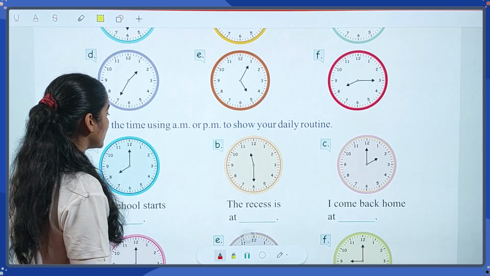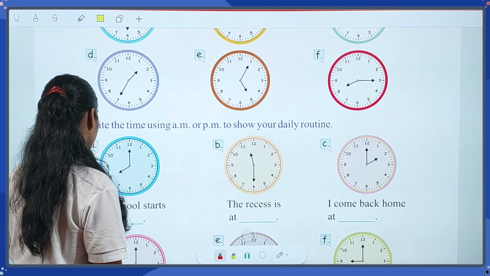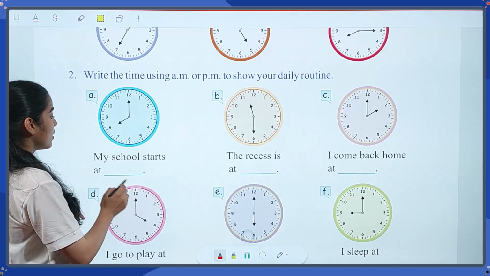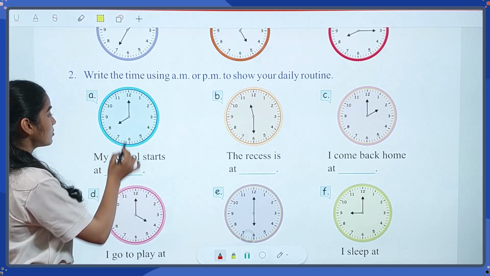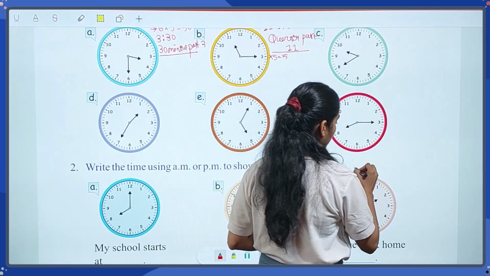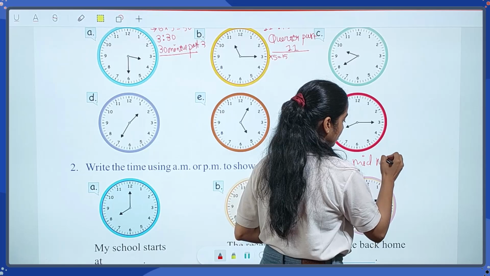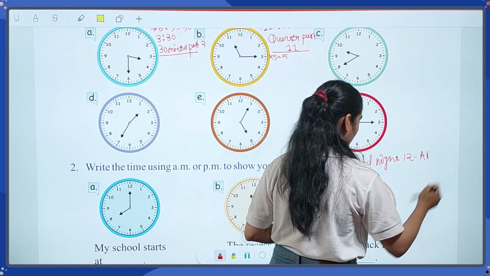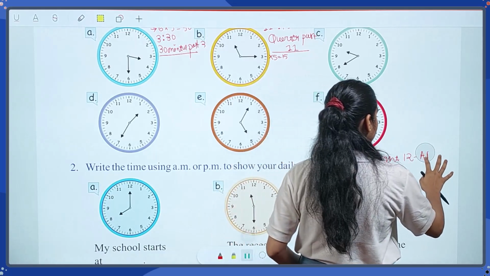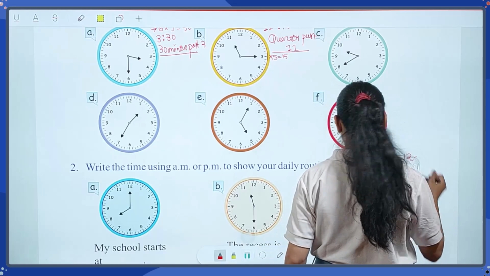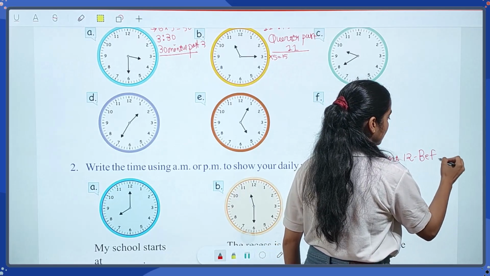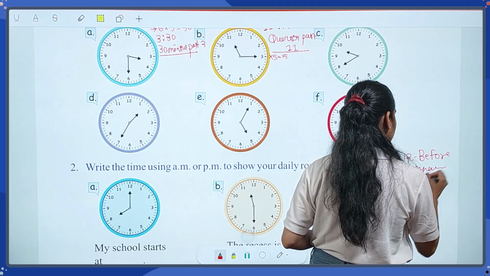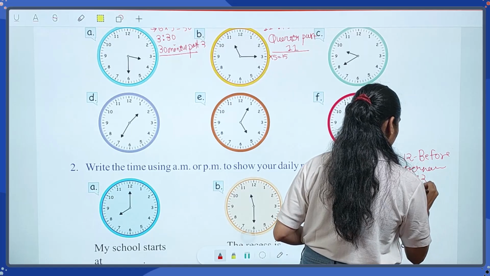Write the time using AM or PM to show your daily routine. My school starts at... you are going to your school in the morning, so you have to represent this timing. So from midnight 12 to afternoon 12, before afternoon 12, you always represent your timing in AM only.